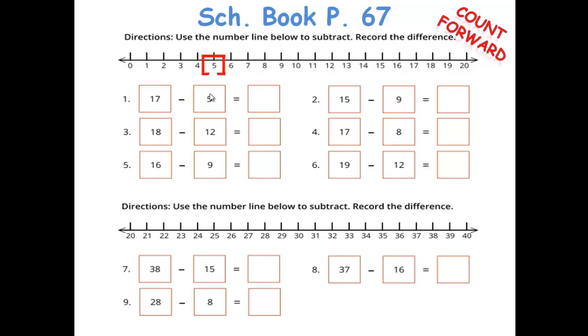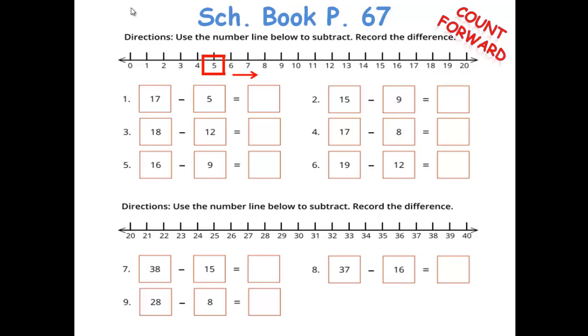So I'm going to circle the 5, the small number. And then I'm going to walk this way. You see my arrow? This way. I'm going to jump from 5 till I reach 17. And then I'm going to stop. And then I will see how many jumps or numbers I count.